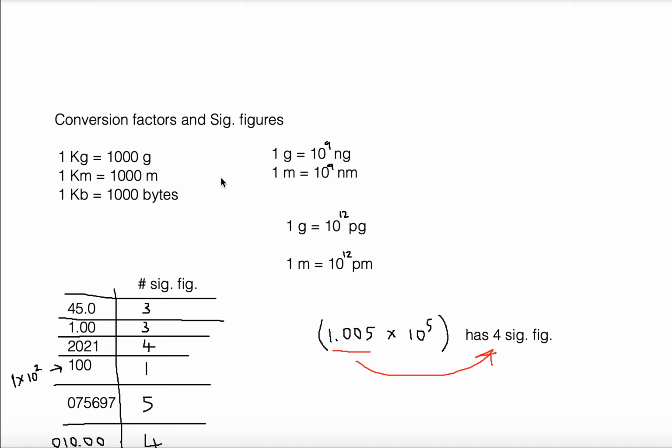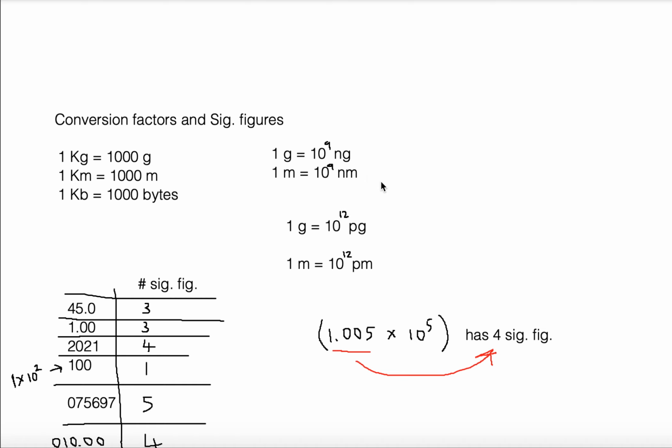For 1,000, it's not a big deal to write it out, but if you have a billion, 1 gram equals 1 billion nanograms. That's a lot of zeros to write. You would have to write 9 zeros. Instead of doing that, you just write 10 to the 9. 1 meter equals 10 to the 9 nanometers.